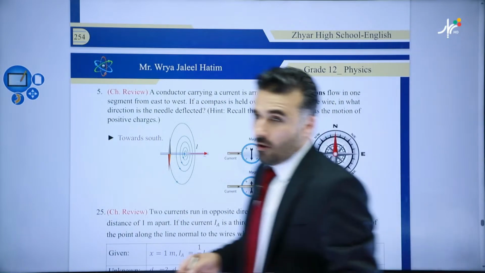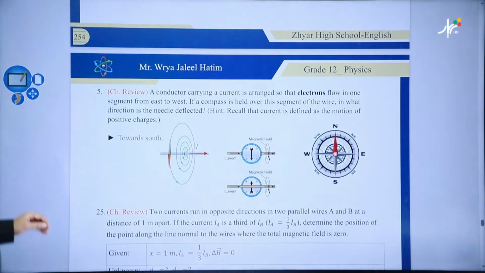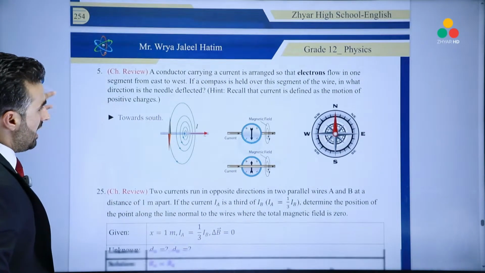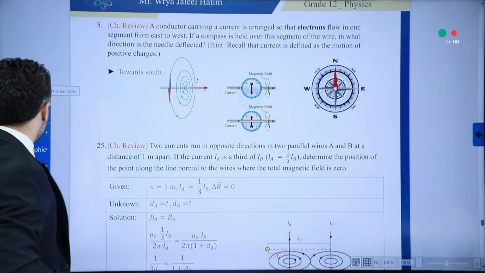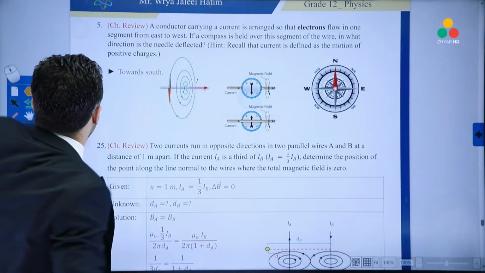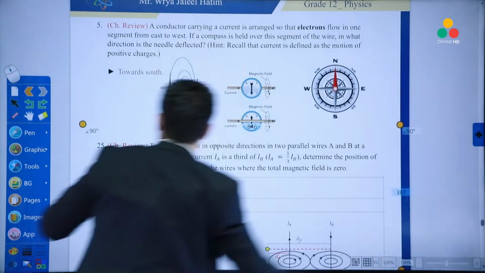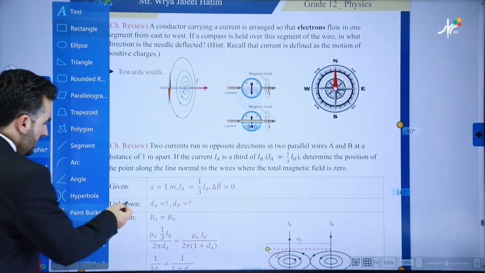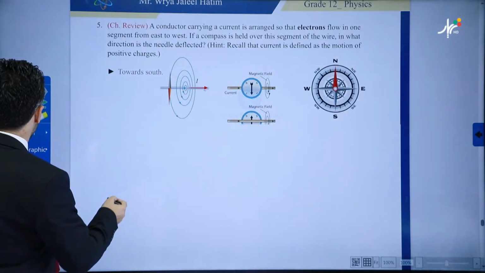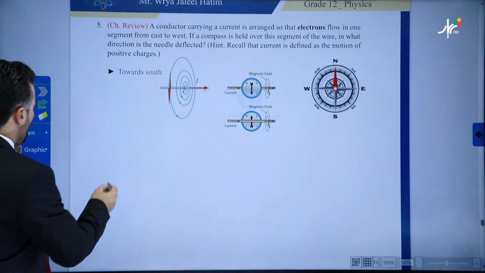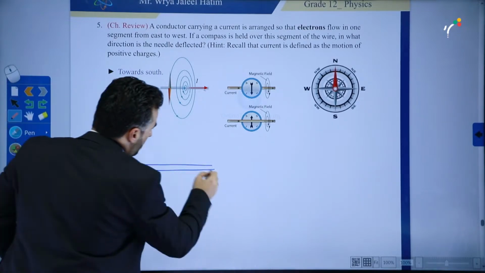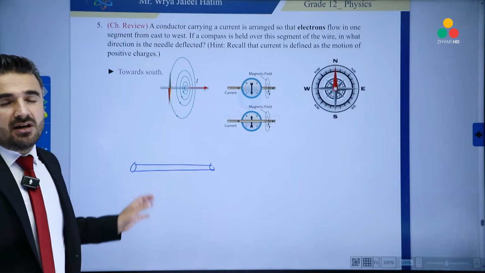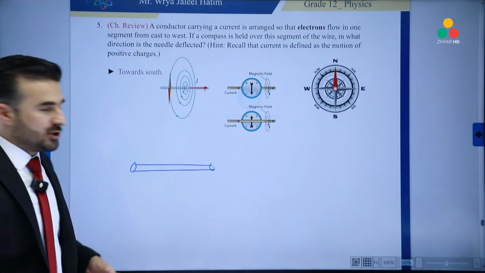Now, you need to know, and of course, most of you already know this, remember this. Let me move this a little bit up and get some space to write. What is the difference between this question and the previous one? The current is in the same direction as the positive charges or protons.